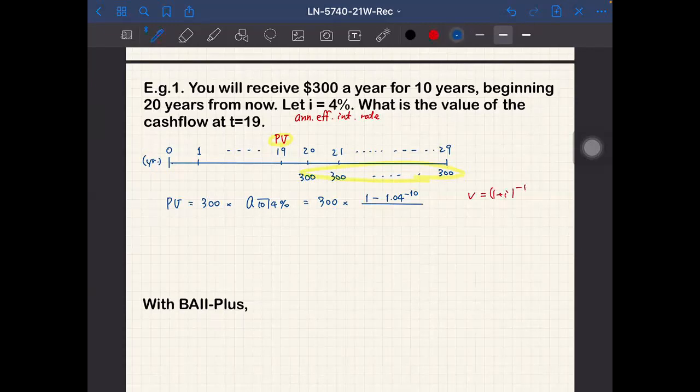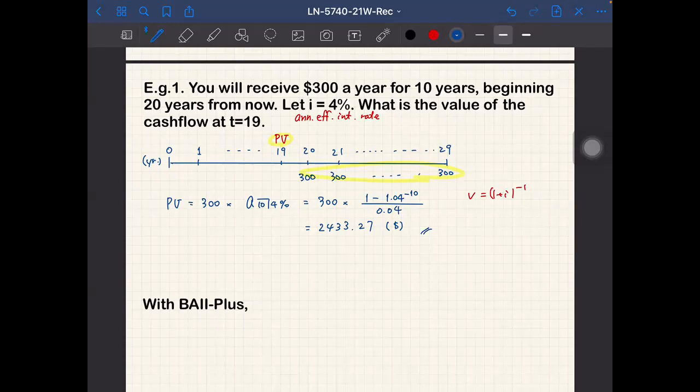Then divided by i. So if you calculate this number in a calculator, it becomes $2,433.27. So in this way we can calculate the present value.